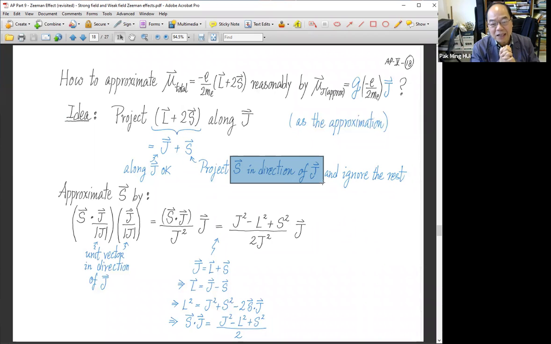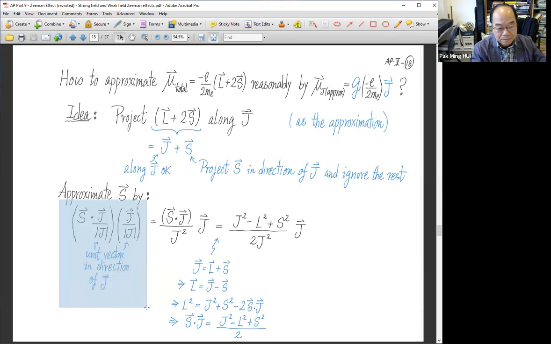Well, once you have this idea, it's easy to carry it out. So we want a projection. Then we play with vectors, right? S dotted into a unit vector along J, that is the component of S along J. But we want it to be a vector, so we turn it into a vector along J. So the unit vector along J. Okay, so these are the key steps to execute our idea.